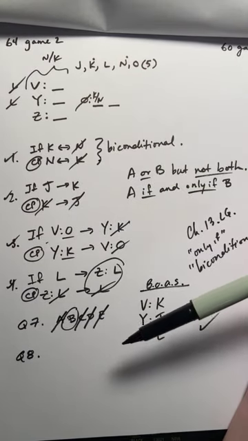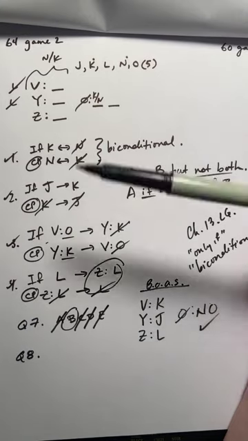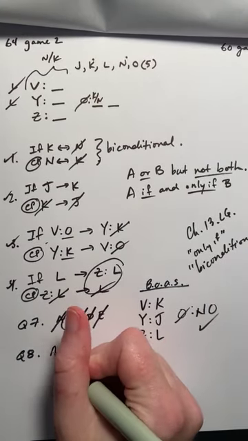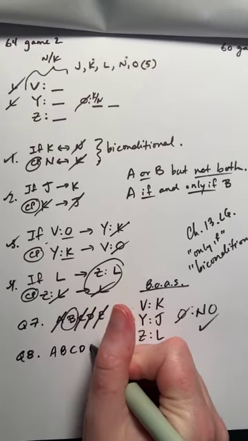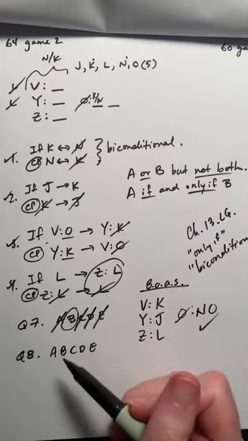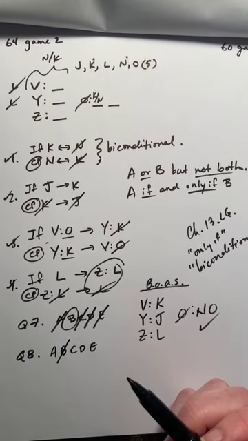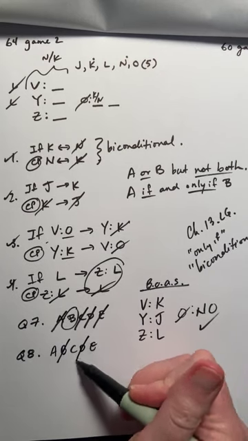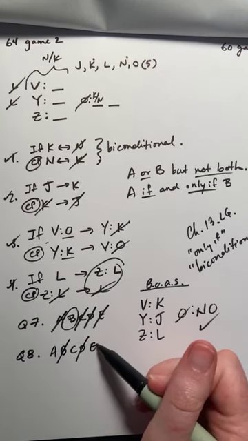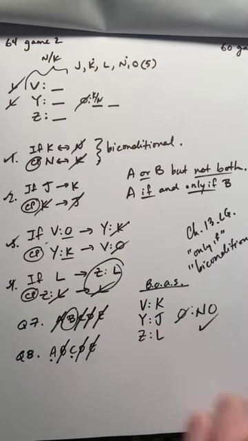So putting them both out would be a problem, and putting neither of them out would be a problem. So the out group also needs to contain exactly one of that pair. So B is out because it contains neither K nor N. And D is out because it contains both K and N, and E is out because it contains neither. So we can eliminate 3 of the options based on understanding the first rule.